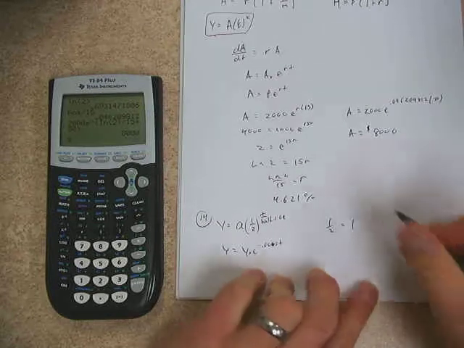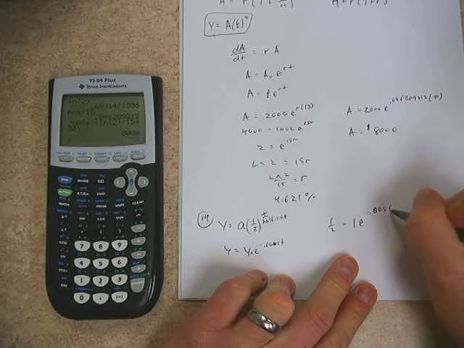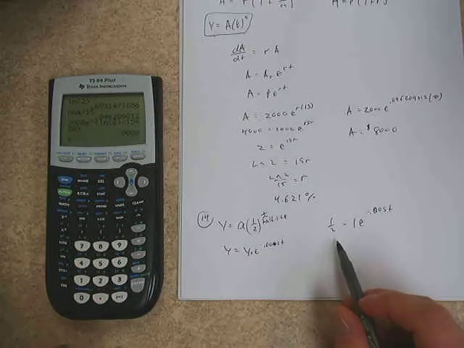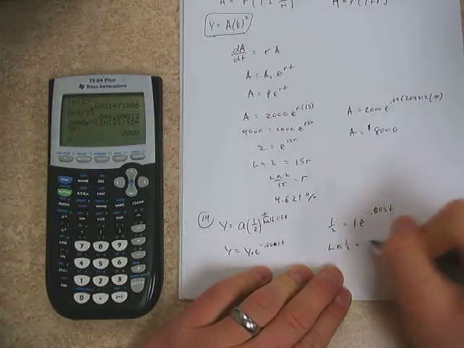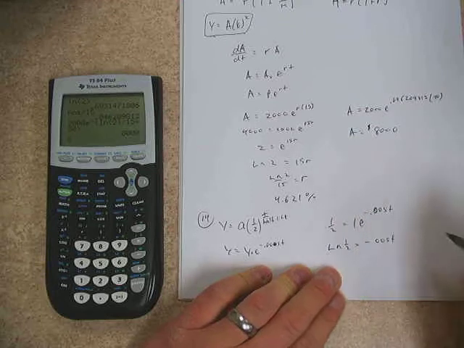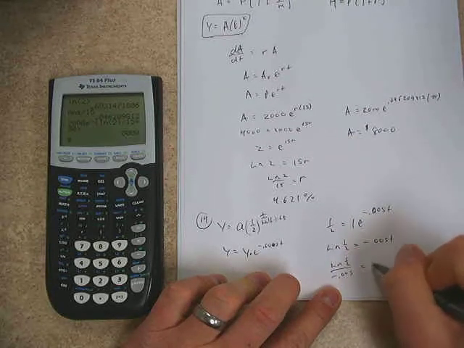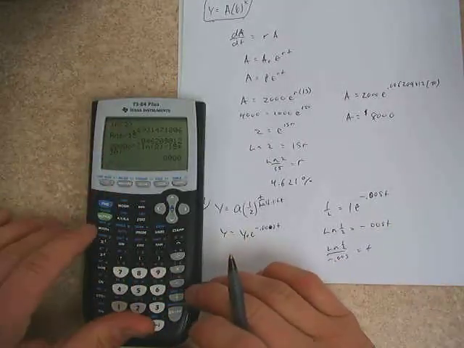So the half-life would be, again, the time it takes to go from some amount to half of that amount. So bottom line here in our equation, if we put a half here and we put 1 here, and we have e to the negative 0.005 t, then we only have one variable here.